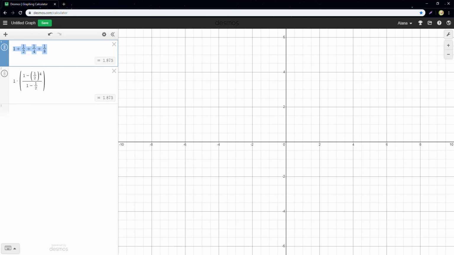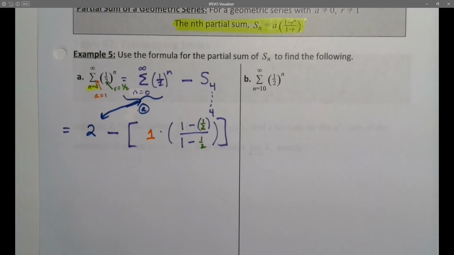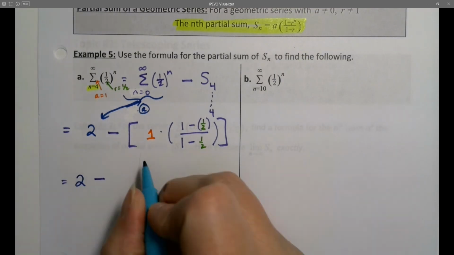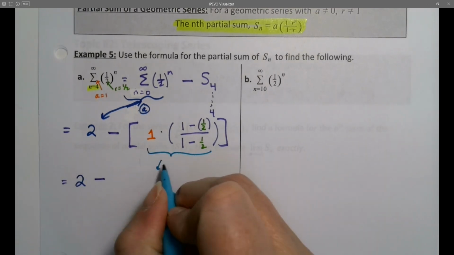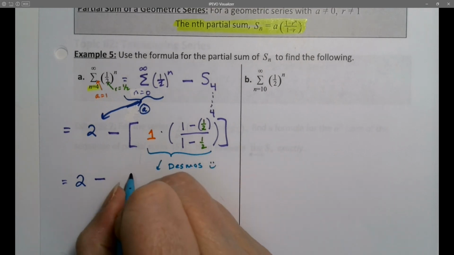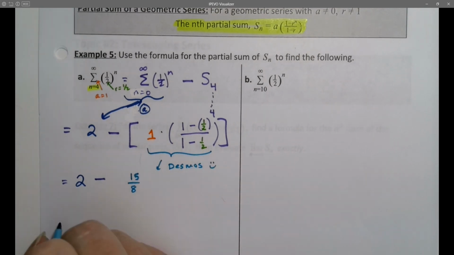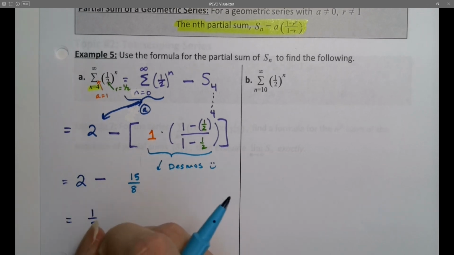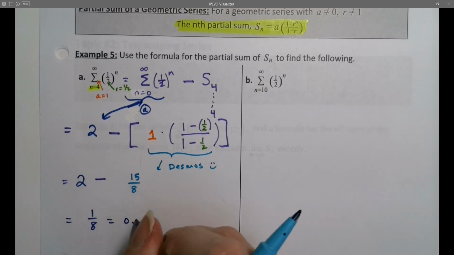So let me finish this one out. So this is 2 take away. And then Desmos, oh beautiful Desmos, tells us that this is 15/8, which means I am back where I started. It's 1/8 or 0.125.